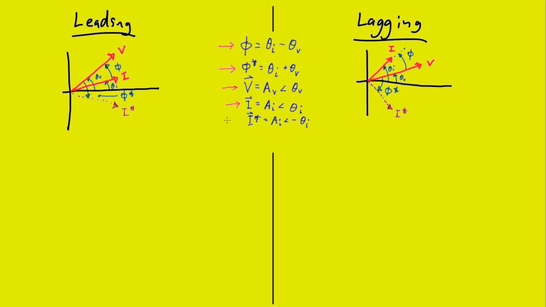And finally, I asterisk is the conjugate current, and the A and theta variables fall in line with the variables given above for voltage and current. These equations apply both to the leading and the lagging scenarios. We will continue in part 2 of this video series.